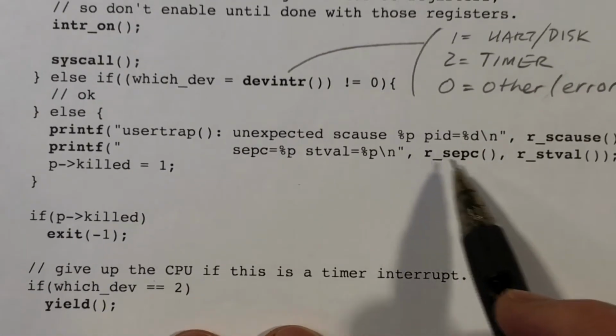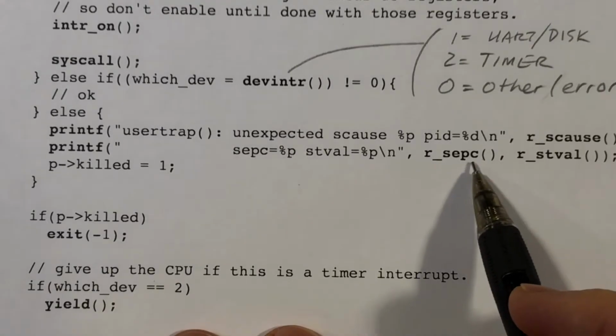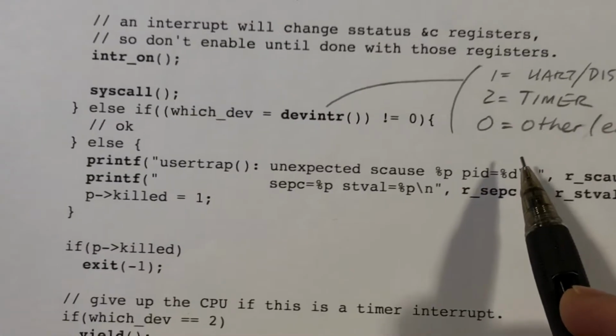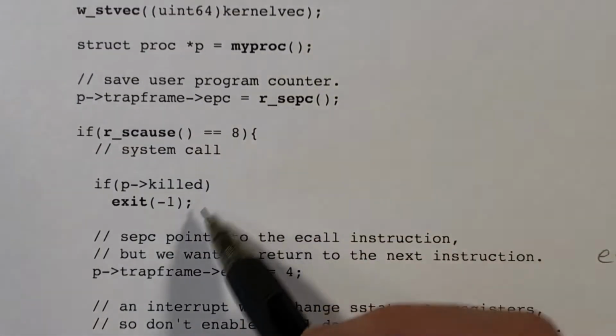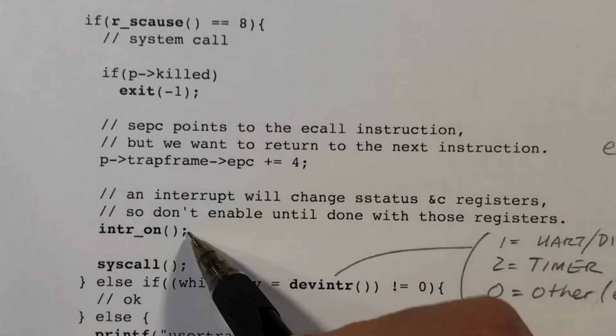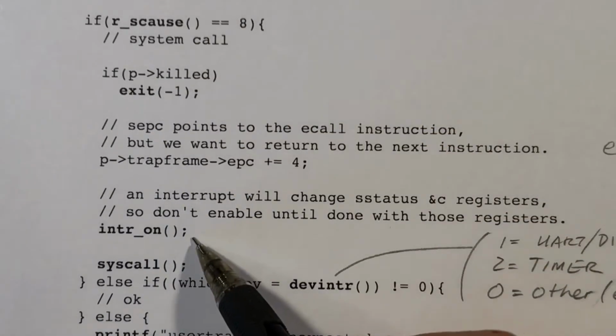I paused for a moment because I saw that we were reading from these control and status registers, and I momentarily forgot that we turned interrupts on, but we only turned them on if we are in a system call.